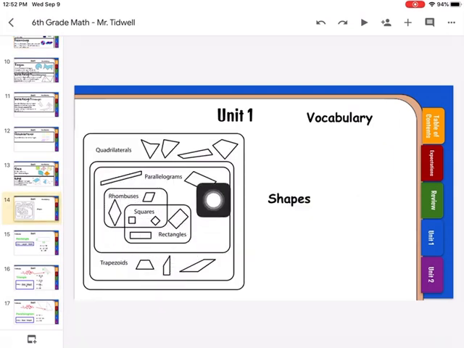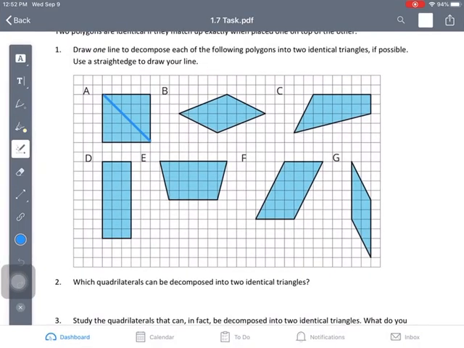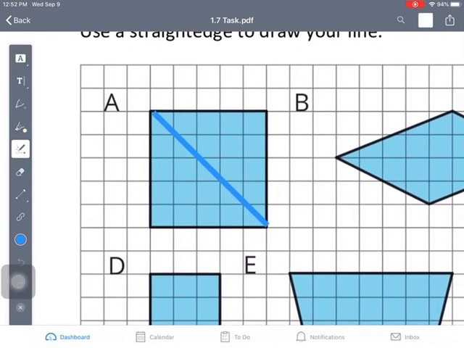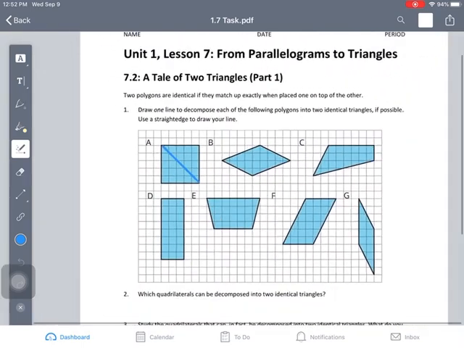All of these in here are parallelograms. Rhombuses are parallelograms. Squares are parallelograms. Rectangles are parallelograms. All of those are parallelograms. Or you can just have basic parallelograms that are always slanted and at angles, okay? So all of those can be equally cut into two triangles, just like we saw on today's example, okay? They can all be cut into two identical triangles, okay?